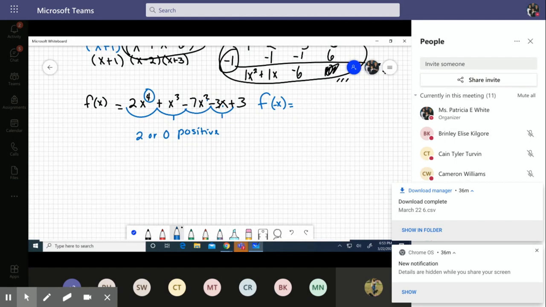Odd exponents make it change. 2 times negative x to the 4th stays a positive 2x to the 4th, plus negative x to the 3rd makes that change to minus x to the 3rd, minus 7 times negative x squared stays the same. Negative 3 times negative x.